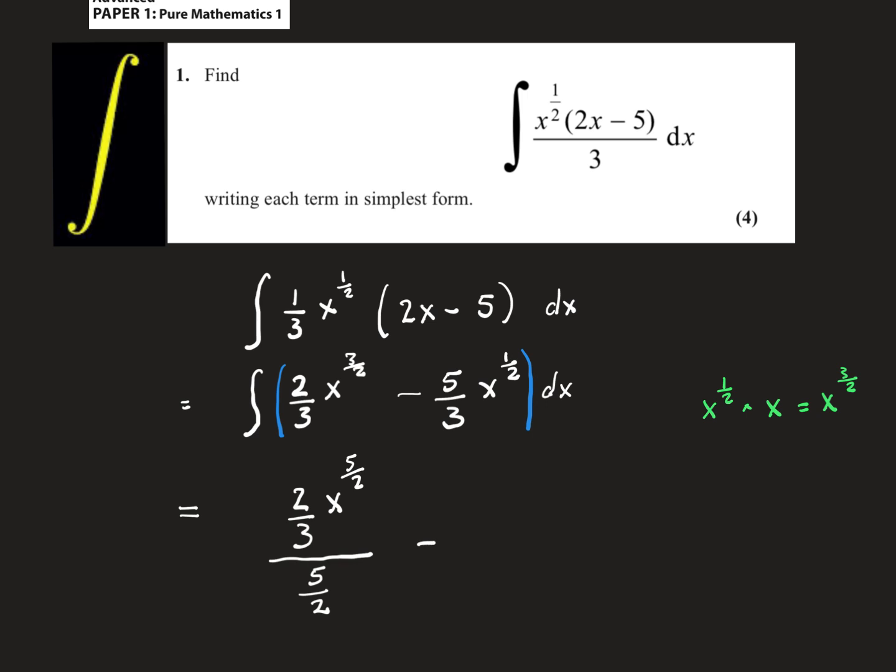We do the same thing over here. Leave 5 on 3, raise the x to the power of 3 on 2 by 1, and divide it by 3 on 2.